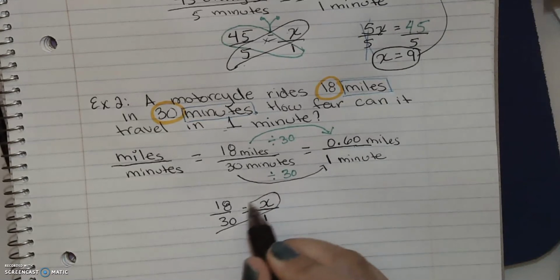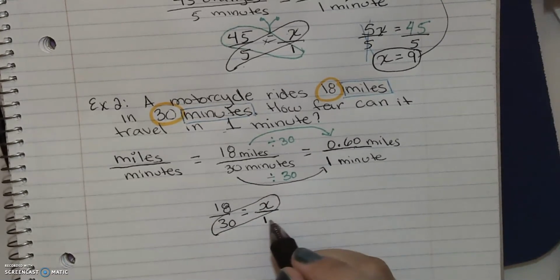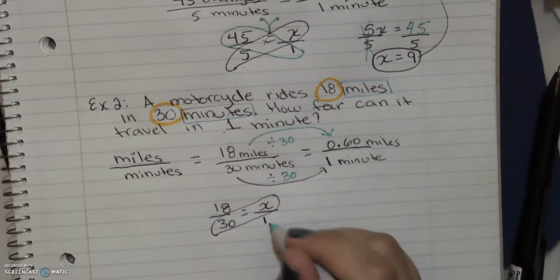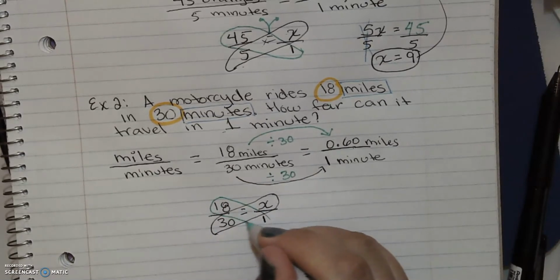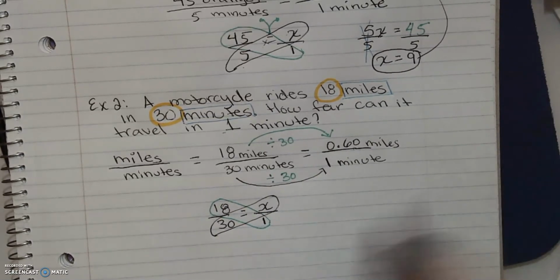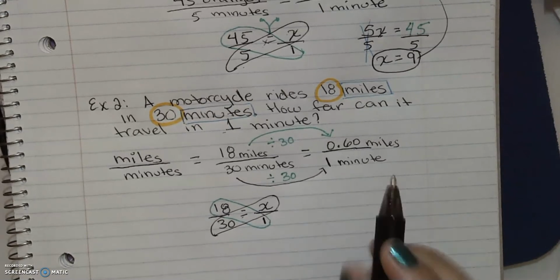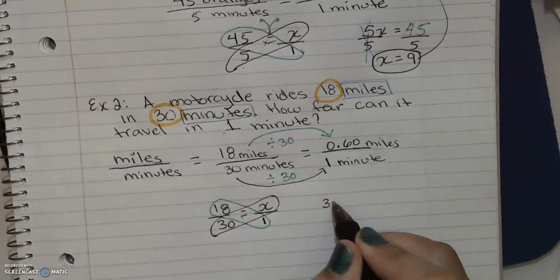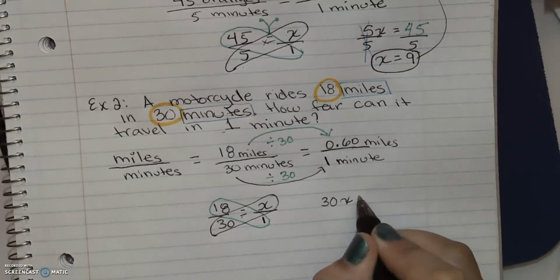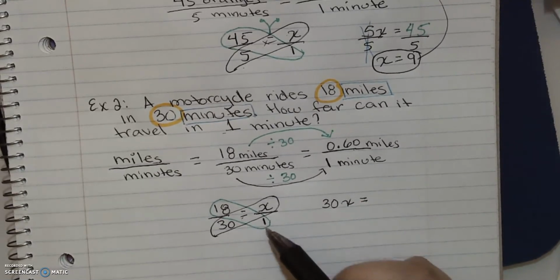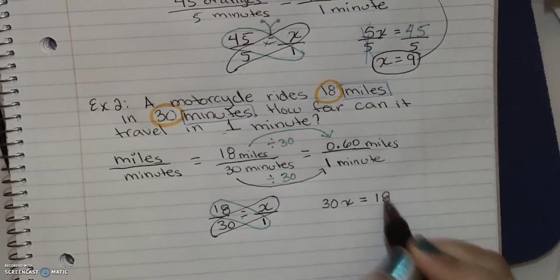And let's go ahead and get this. You're going to cross multiply, and I'm going to use a different color so you know what to get. So you have 30 times x, that would be 30x, equals 18 times 1, that's 18.